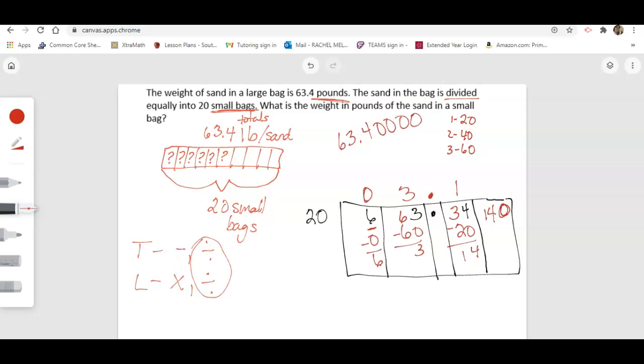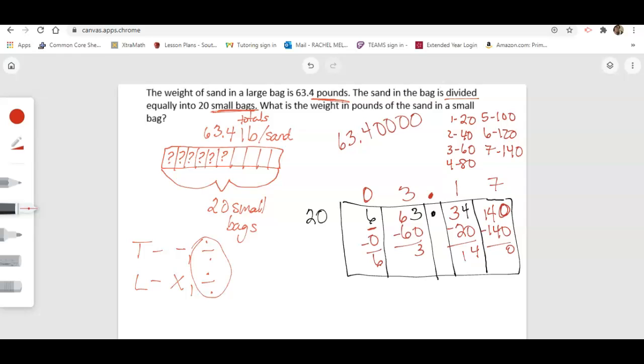Well, if I were to continue, this would be 80, 100, 120, and 140. So that's 7 groups. 7 groups of 20 is 140, and now I don't have anything left.